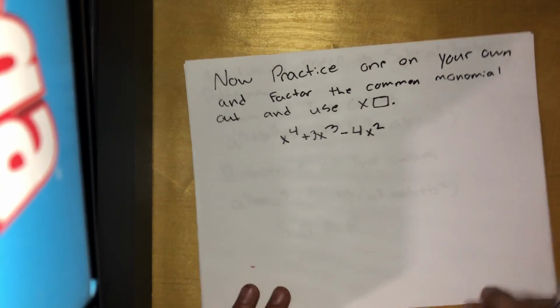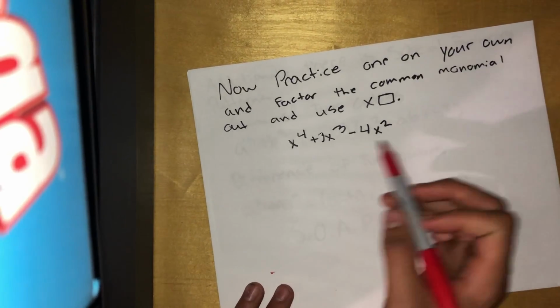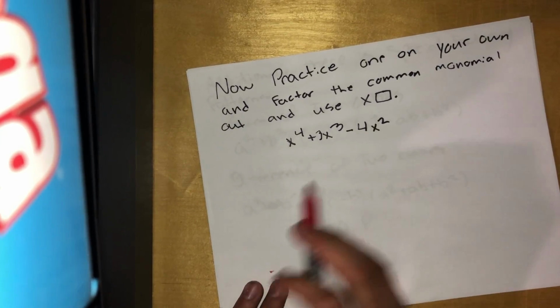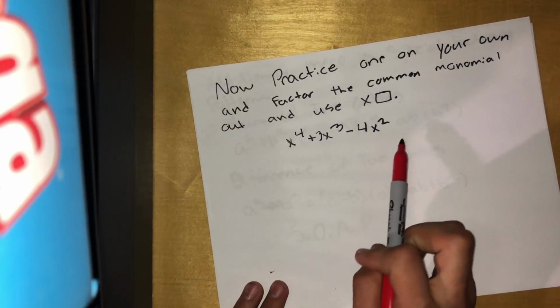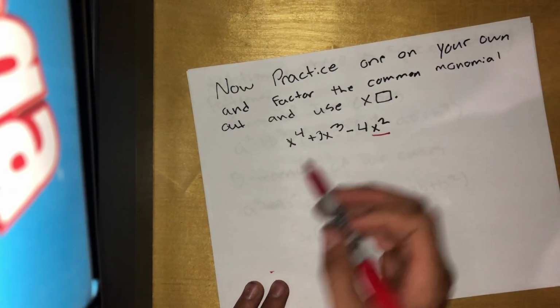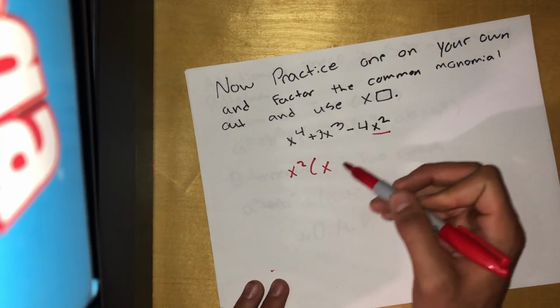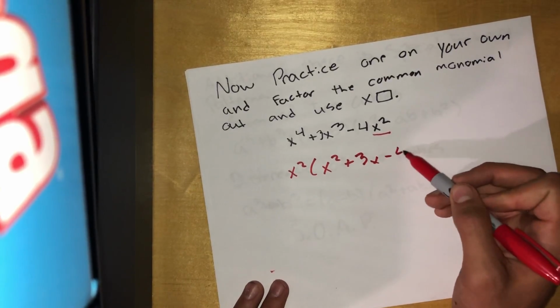Okay, now that I gave you time to do it, I'll show you how it's done. You have to look for the common monomial, which in this case, I like to look at the very end of it, and usually if it's on the third term, then it can be pulled out through the rest. So it's x squared, and when I pull it out, it becomes x squared times x squared plus 3x minus 4.